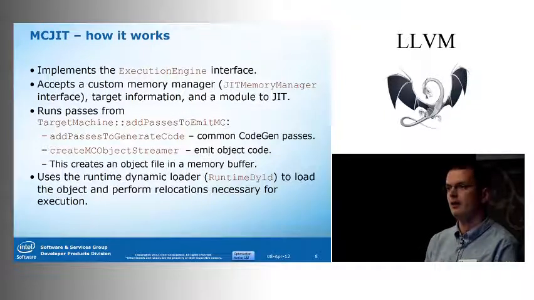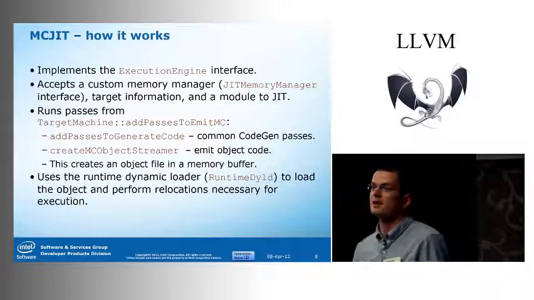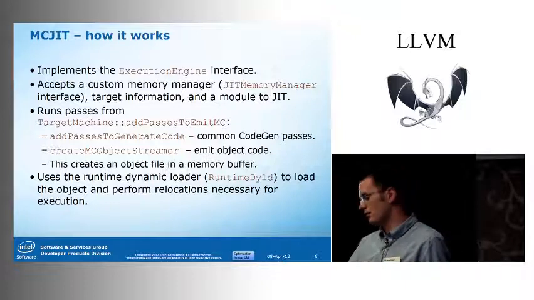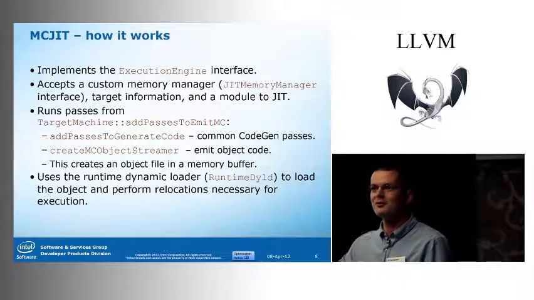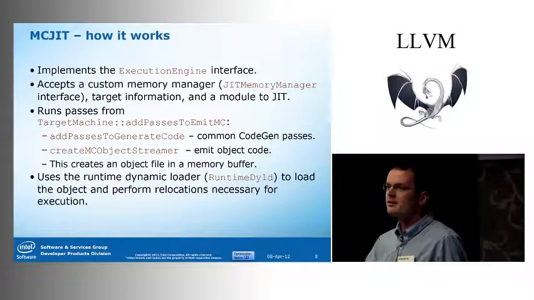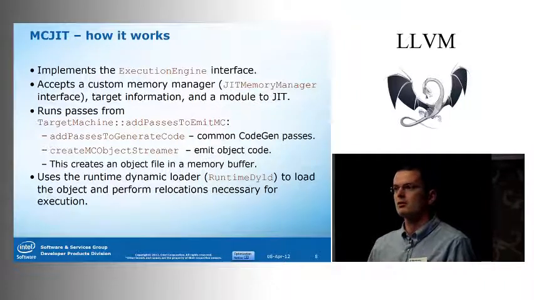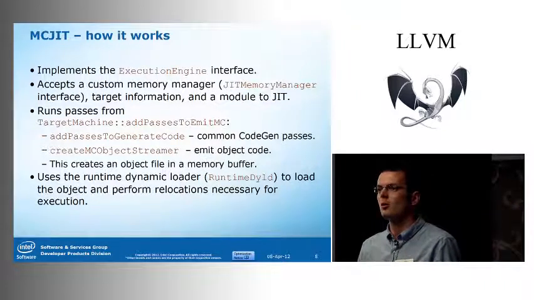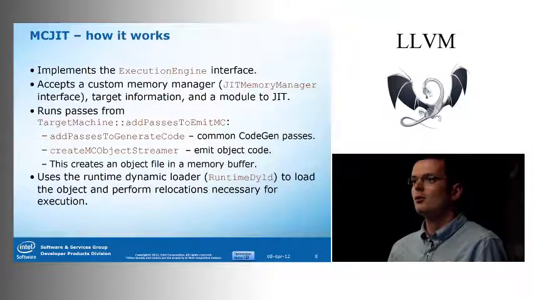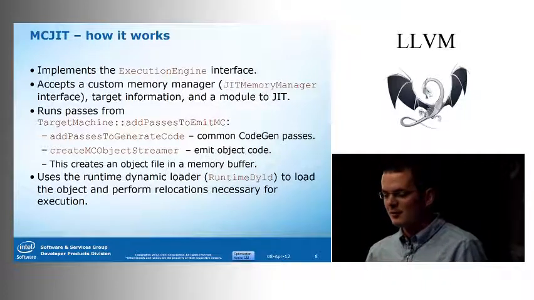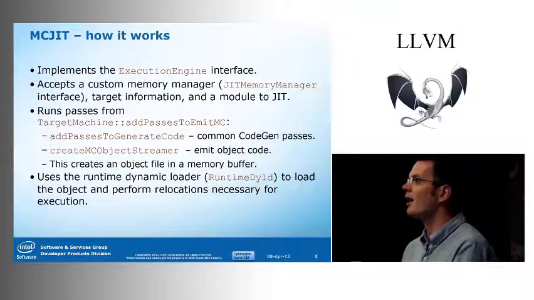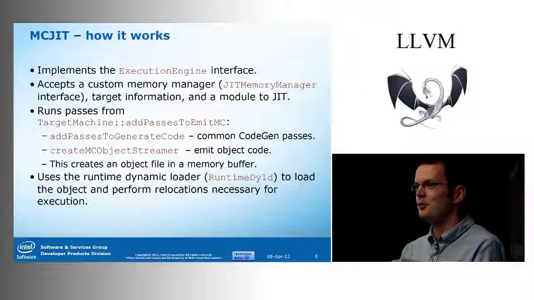Okay, so a few words on how MCJIT works. Now, a short disclaimer. This slide and a few after it have some code, like method names and class names. I don't intend to spell this out or for anyone to exactly understand now what each of them does. It's here for reference because you probably know better than me that LLVM is a huge code base, without a lot of documentation about it, and sometimes it's really hard to find the parts that you want to work on.